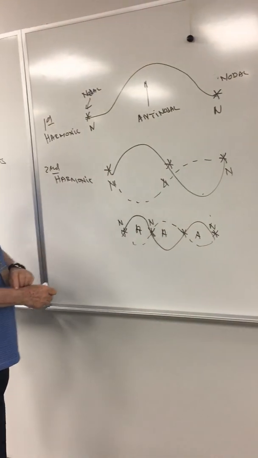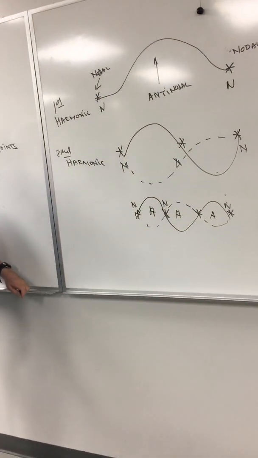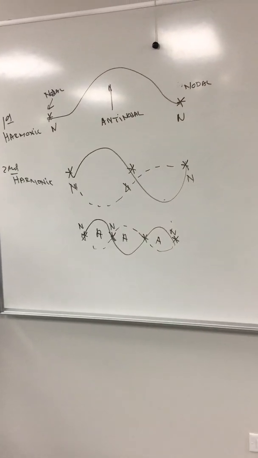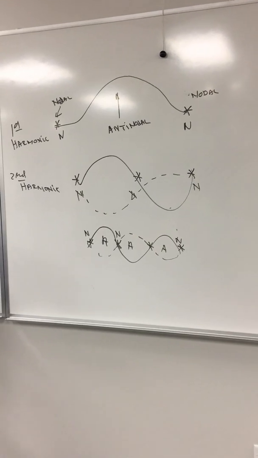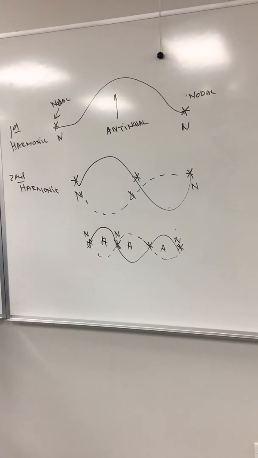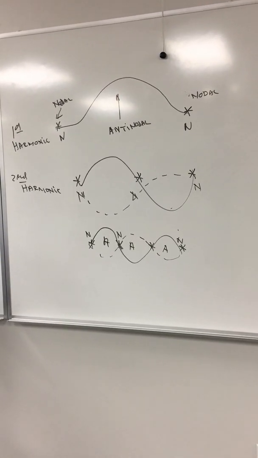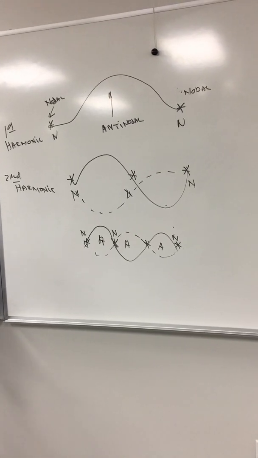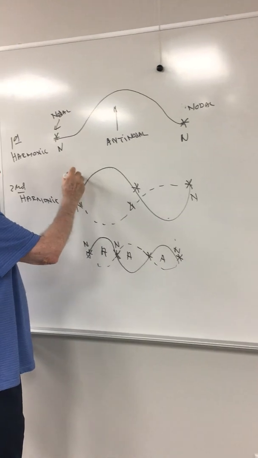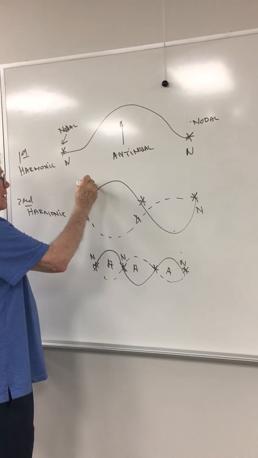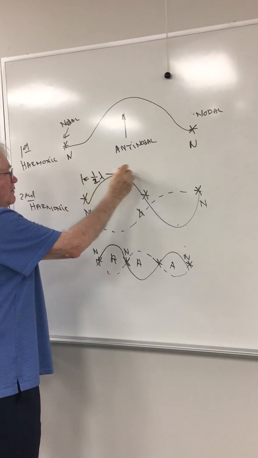Now I know this can be confusing. My assistant is shaking her head, yes. But here's something you have to remember, okay? The distance between 2 nodal points, this is the entire wavelength right here. So the distance between 2 nodal points is exactly 1/2 the wavelength. Now remember what the wavelength is?